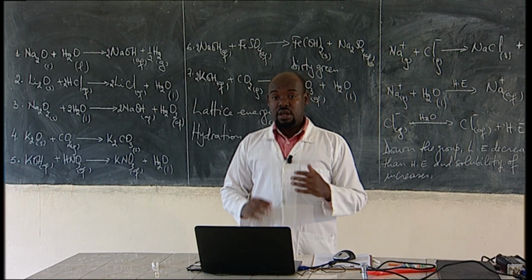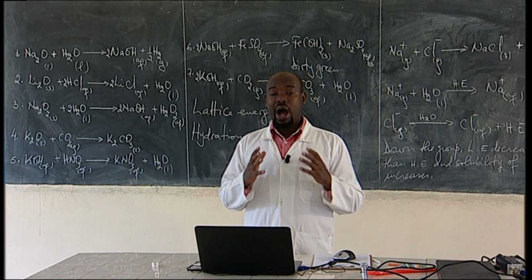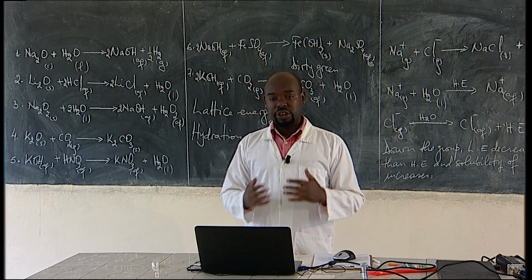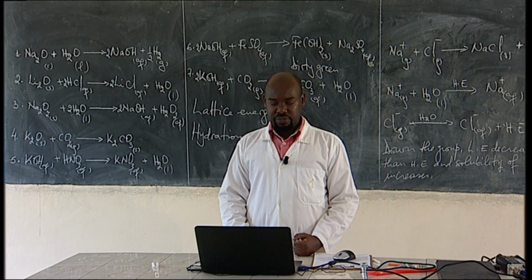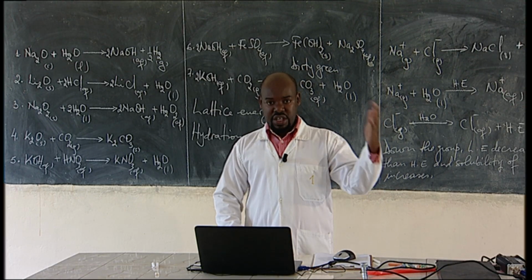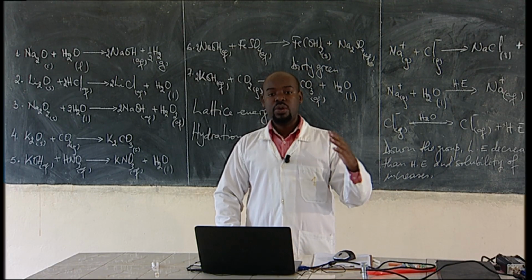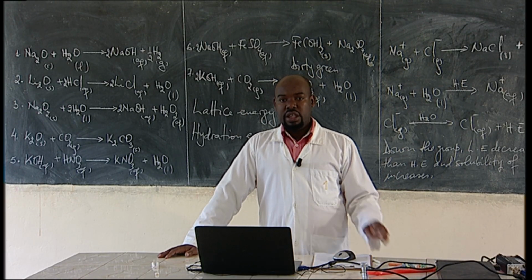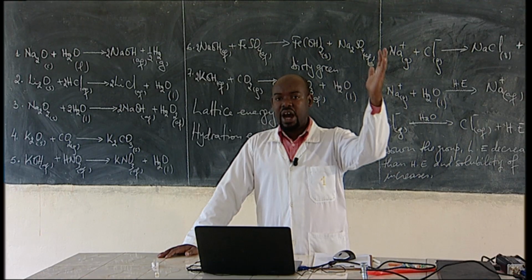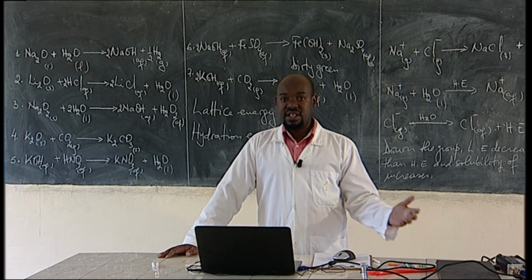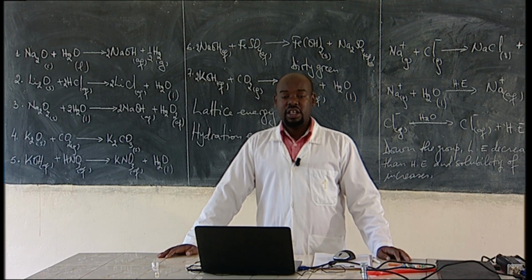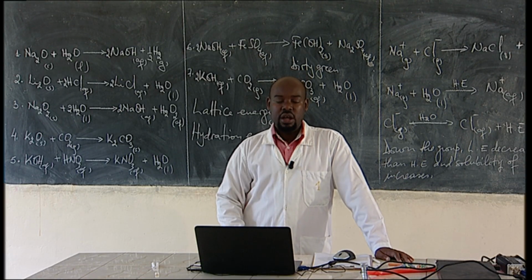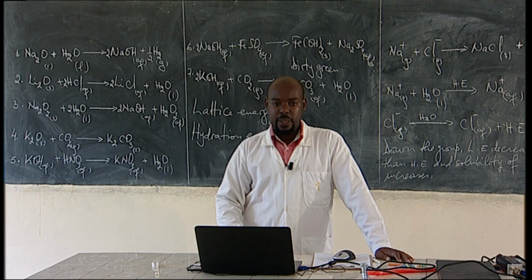Thermostability means how stable a substance is, or how it resists being decomposed when it is heated. If it decomposes at a very high temperature, then it has a very high thermostability. It is stable on heat. But if it decomposes at a low temperature, then it is less stable when heated.